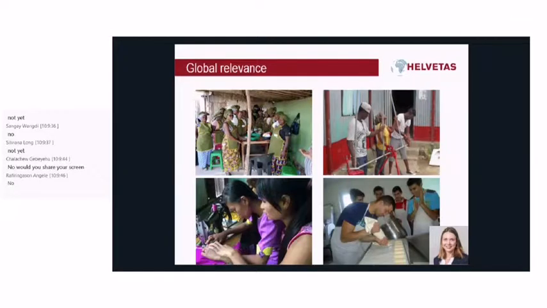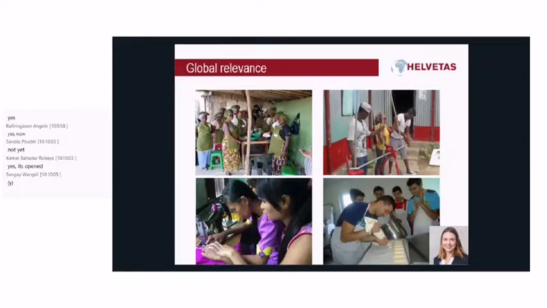Now you should see the slide with a couple of pictures from Mozambique, from Myanmar, from Eastern Europe, and from Guatemala. So, young women and men in various countries are facing unequal access to education, vocational education and training, and the labor market.